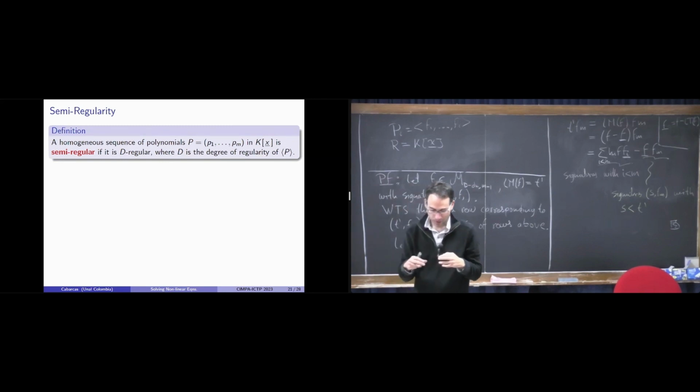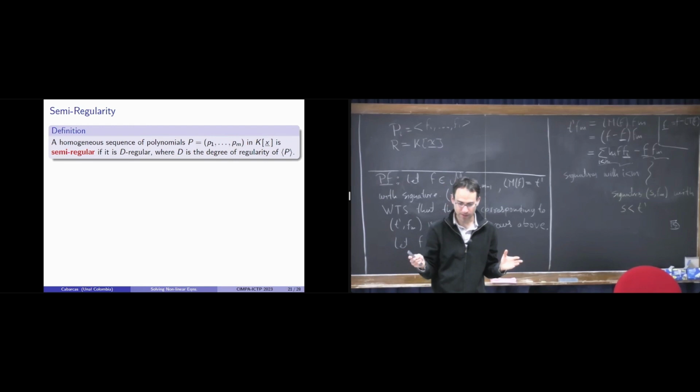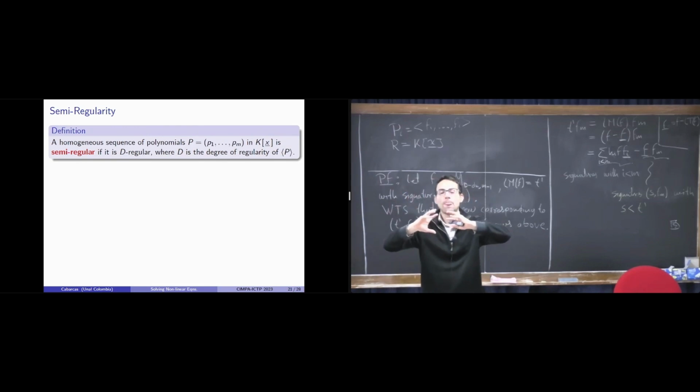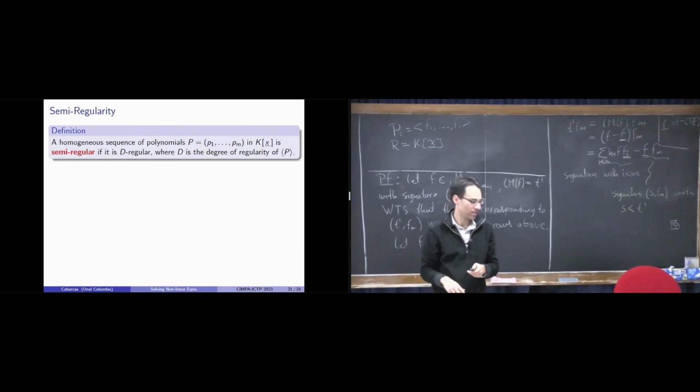Since when you have more equations than variables, it cannot be regular forever, we only ask it to be regular up to the degree of regularity. The degree of regularity is where the dimensions of the ideal and the ring match. And that's precisely where you should get a Groebner basis for regular sequences.